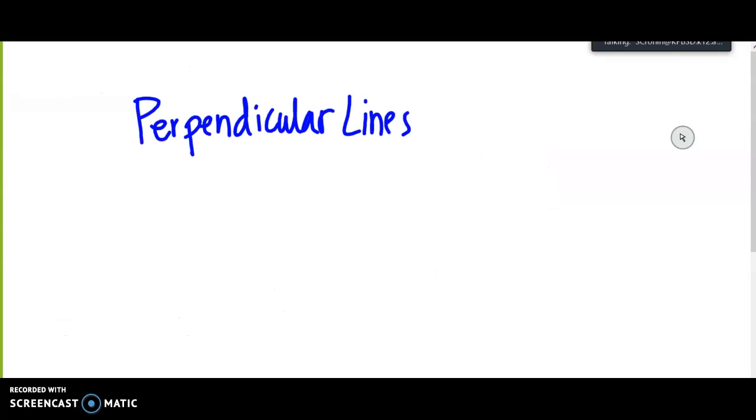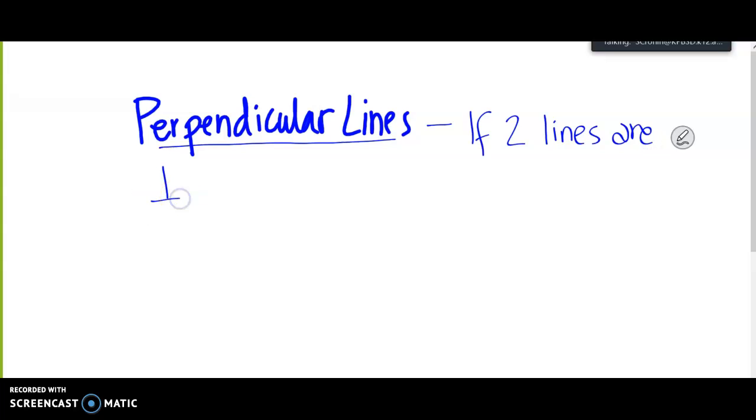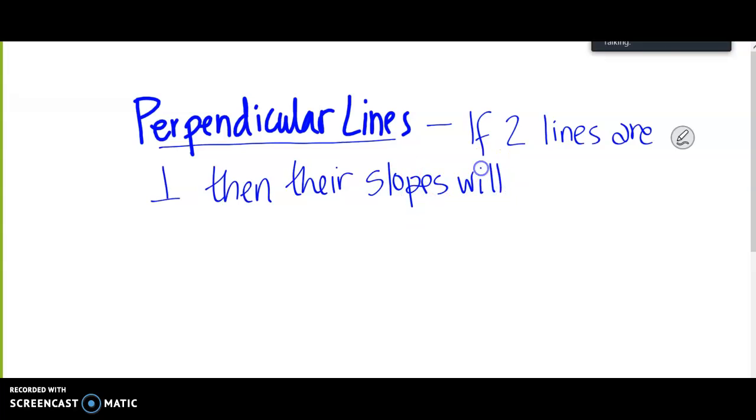Perpendicular lines. Does anybody remember how the slopes of perpendicular lines compare? Negative reciprocal. If two lines are perpendicular, and this is the symbol for perpendicular, then their slopes will be negative reciprocals.